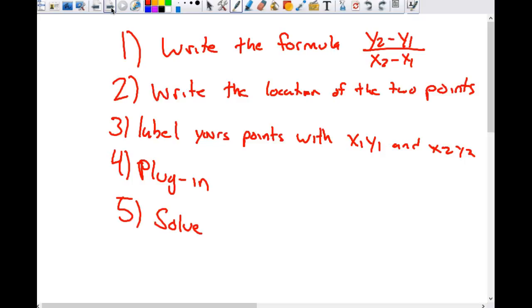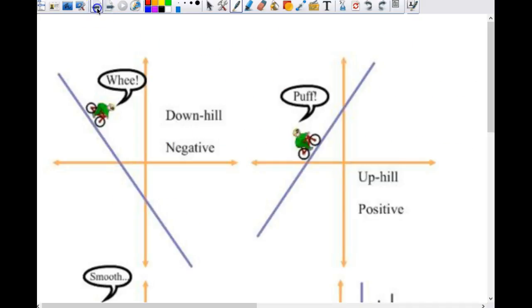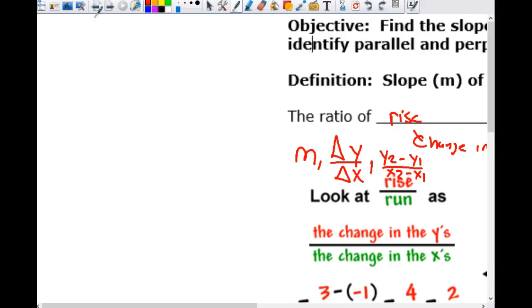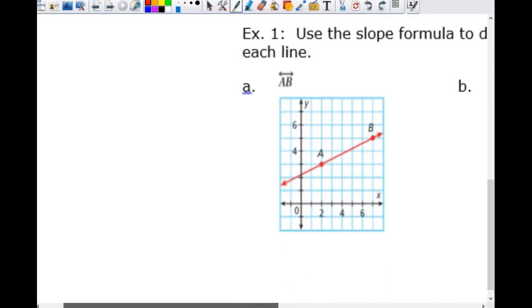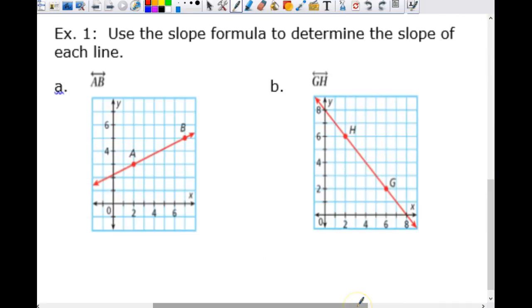We good? All right. So let's look at this first example down here. Example A, B. First step I told you guys to do is write the formula. The formula is y2 minus y1 divided by x2 minus x1.